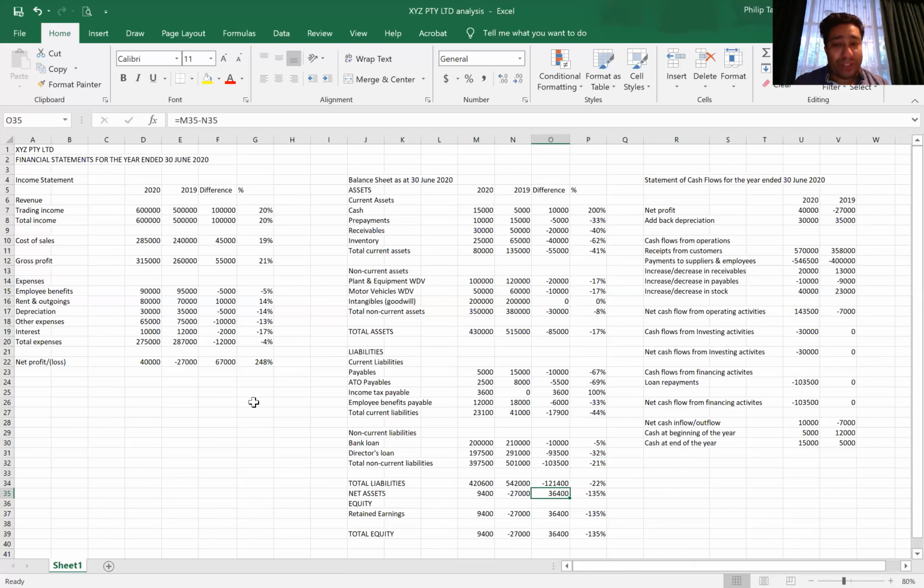Now, total equity, I just need to fix up this formula. So the equity was a minus in 2019 because of the net loss, but now the net assets is $9,400. Now, net assets do need to equal the total equity.